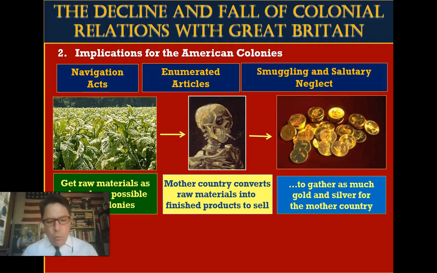Well, you might ask, why pass a law if you're not going to enforce it? That is a good question. But remember the two options that landowners had. Either they could stop producing or they could smuggle. If they stopped producing, then England couldn't maintain its favorable balance of trade. So we needed to protect against that at all costs.